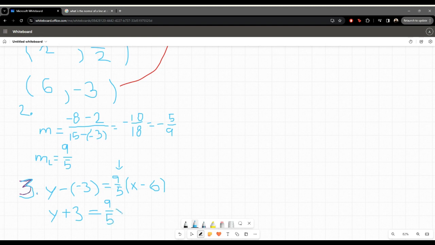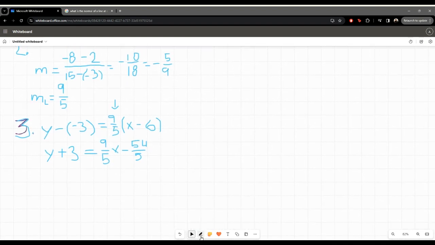minus 54 over 5. And then we will collect like terms, so we will be collecting this constant and find that our equation will become y is equal to 9 over 5x minus 69 over 5.